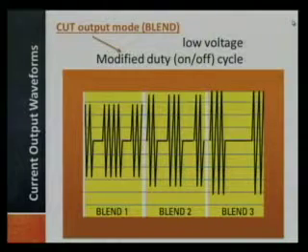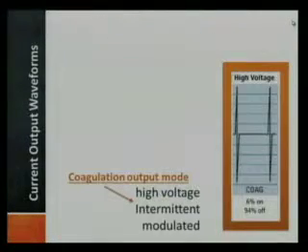A blend 2, you increase your off time. Blend 3, you increase it a little bit more. What this allows for is low voltage cutting with increased ability for coagulation. You have varying degrees of current delivery and increased hemostasis without having to use the high voltage coag setting.